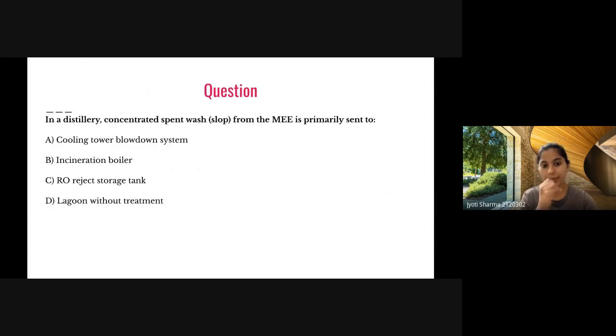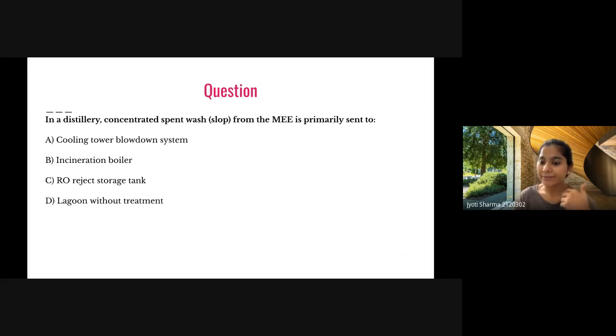We also have learnt about slope, right? In distilleries, concentrated spent wash, that is slope from MEE, is primarily sent to: cooling tower, blow down system, incinerator boilers, RO reject storage tank, lagoons without treatment.